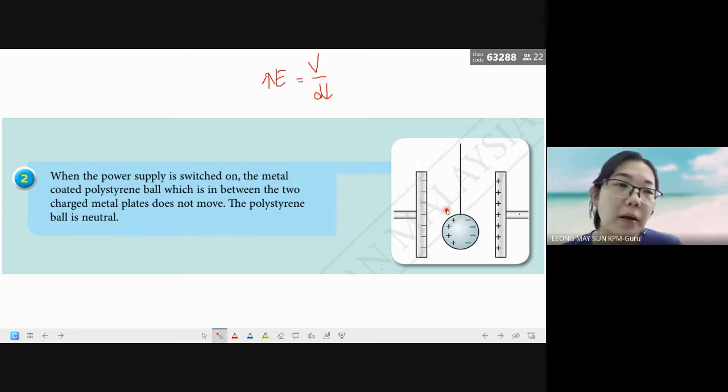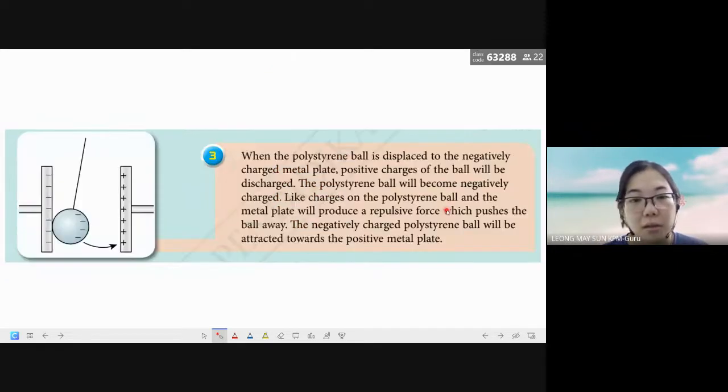Because even though it is coated with metal, it is neutrally charged. Neutrally charged doesn't mean there's no positive or negative. It means that the number of protons and the number of electrons in the atom is the same. The positive charge and the negative charge have the same value. It's neutral.